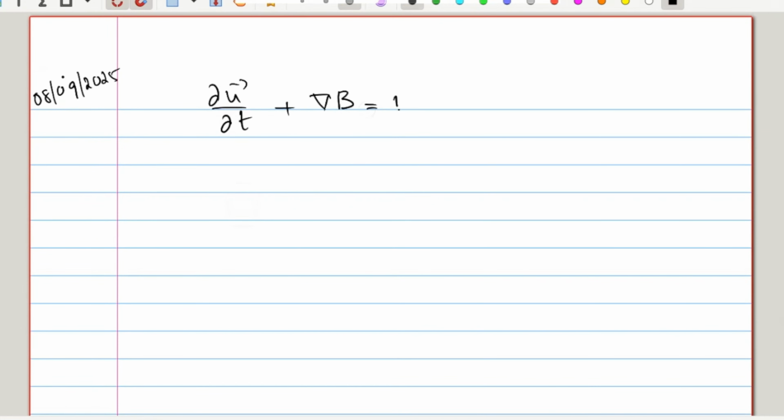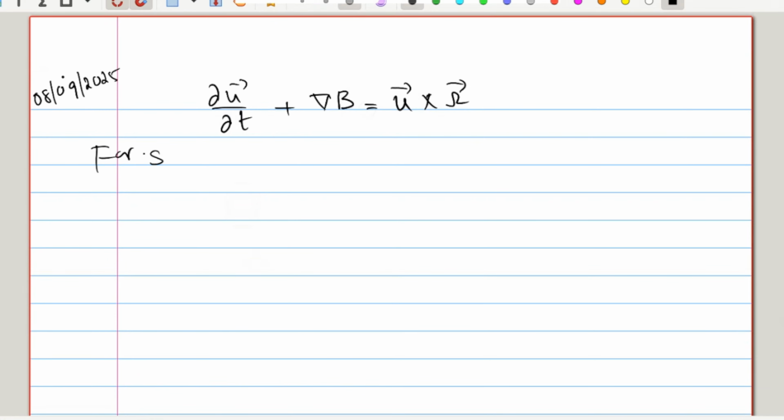Now what you do is you take that dou u by dou t. We will consider the steady flow, whatever equation you have: dou u by dou t plus gradient of this Bernoulli function, which is given as u cross omega bar, isn't it? So I try to consider only steady flow.